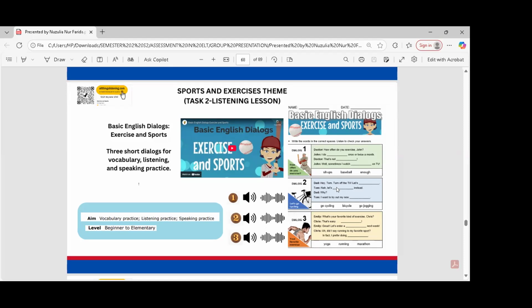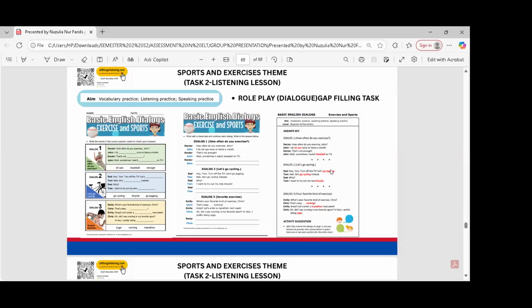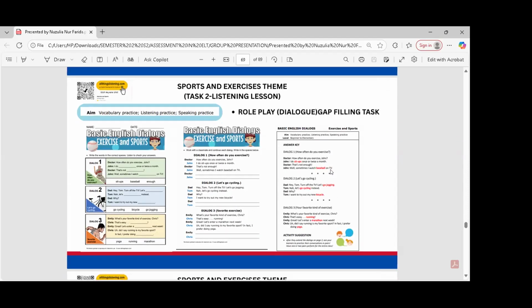And here is another example where teachers provide students with dialogues and students have to complete the following utterance based on the context provided.